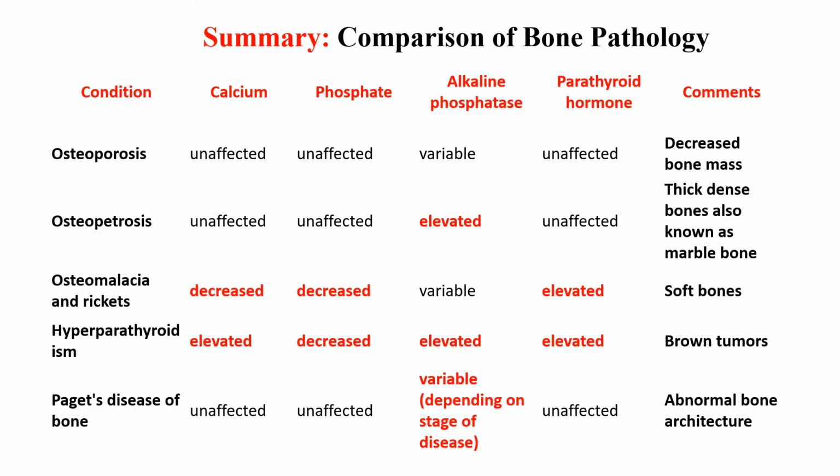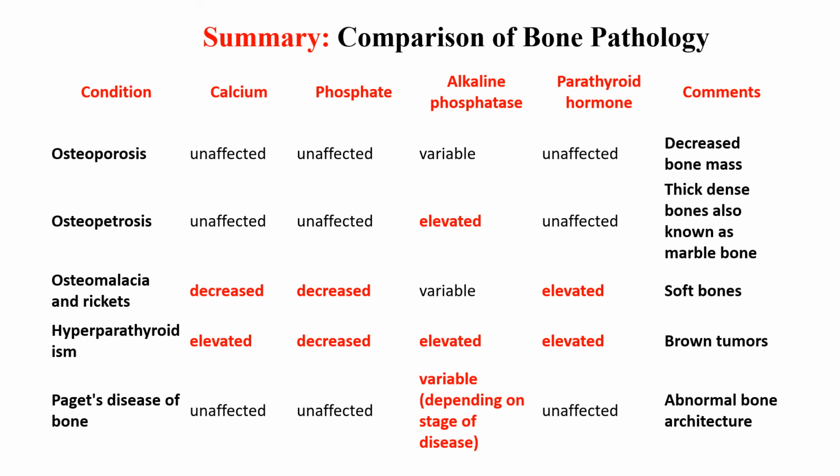Osteitis fibrosa cystica is characterized by increased serum calcium, while the phosphate is decreased. Alkaline phosphatase is also increased, and parathyroid hormone is also increased.